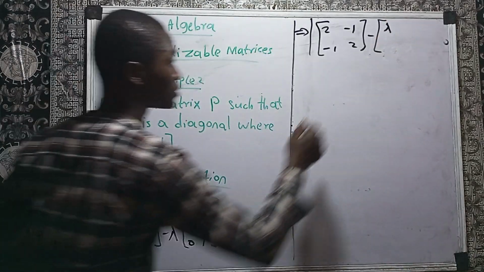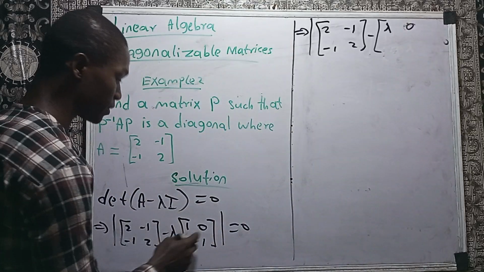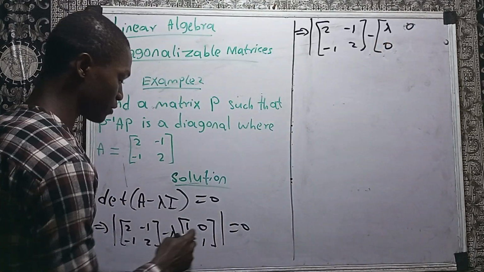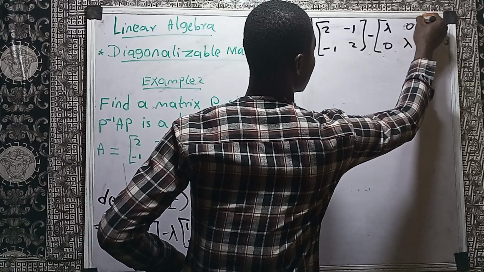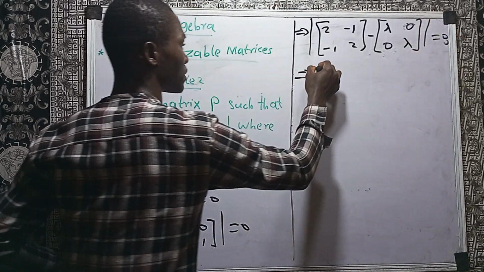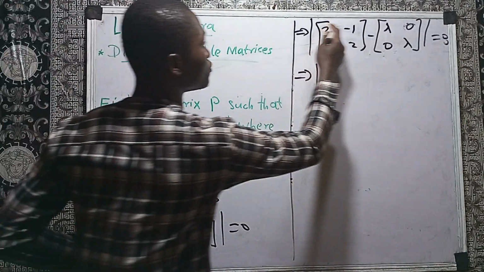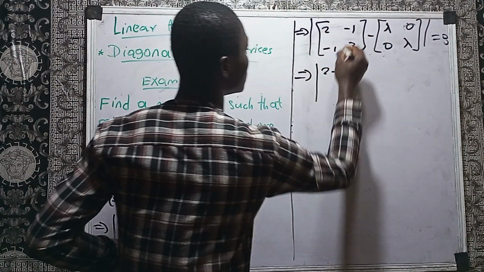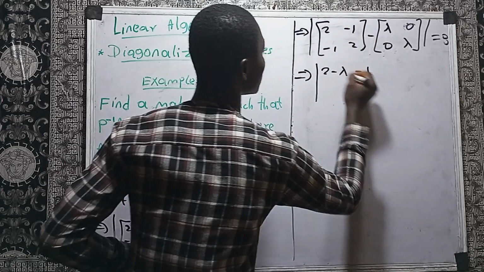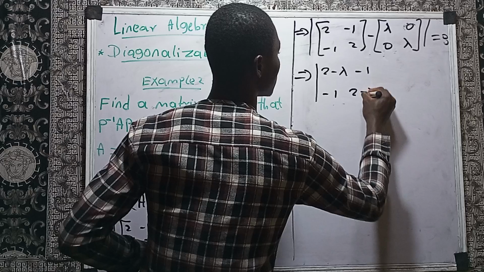Lambda multiplied by 0 is 0. Lambda multiplied by 0 is 0. Lambda multiplied by 1 is lambda. Determinant equated to 0. So we can subtract: 2 minus lambda, negative 1 minus 0, negative 1, negative 1 minus 0, negative 1, 2 minus lambda.